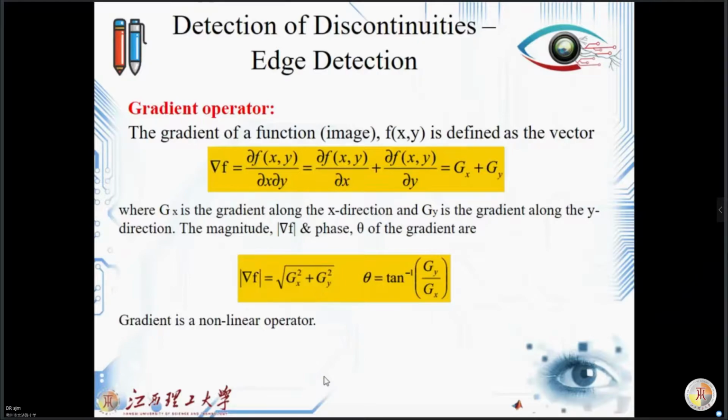If you want to know the magnitude of this vector and its angle, it can be calculated simply from these two parameters. Note that the gradient is a nonlinear operator.